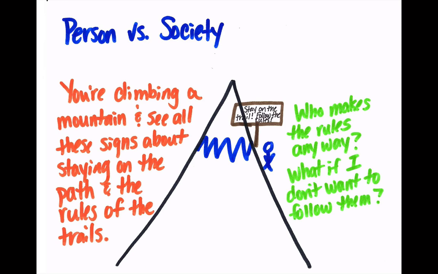So society might say, here is the path. This is how narrow it is. This is how wide it is. You cannot go on this one. You can only go on that one. And when that conflict ensues, the questions that emerge are ones like, who makes the rules anyway? Or what if I don't even want to follow them?